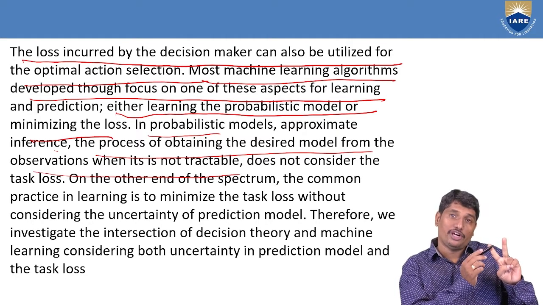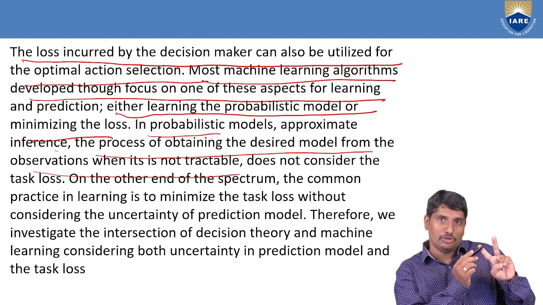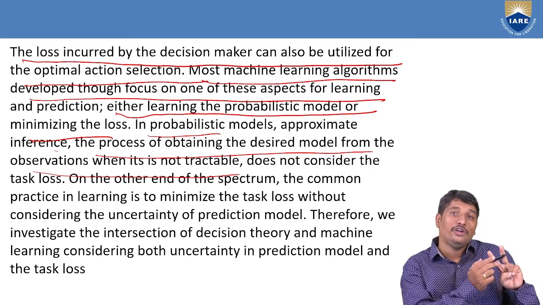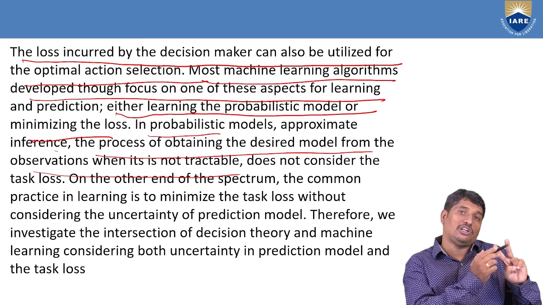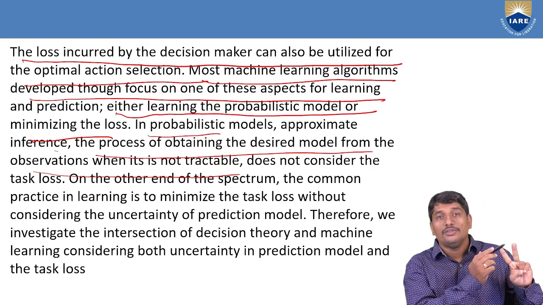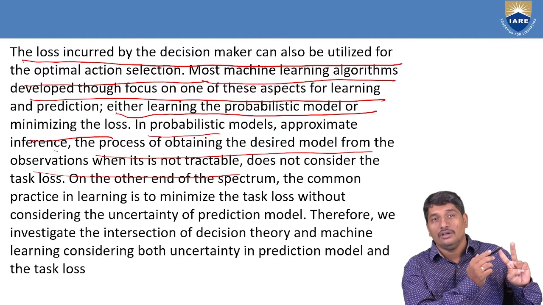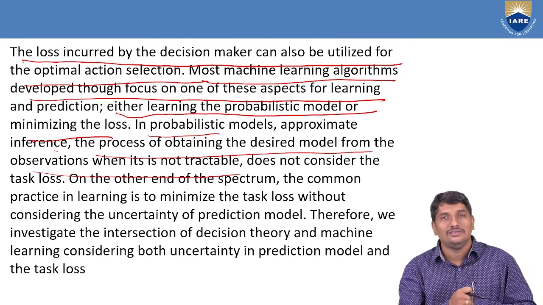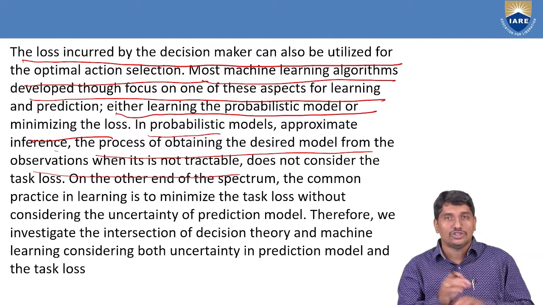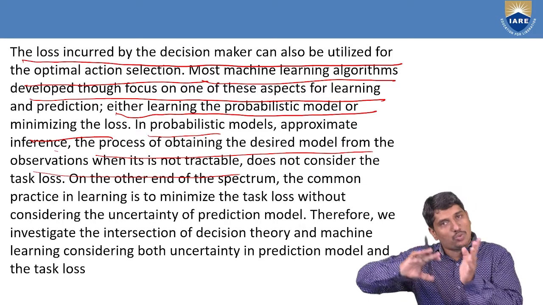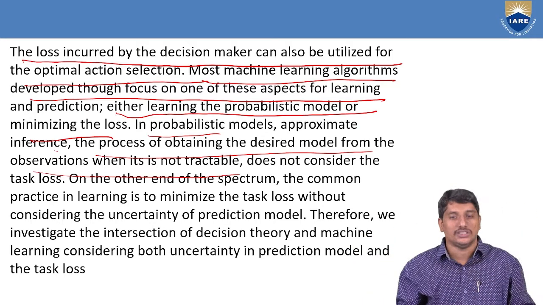When we try to find more accuracy in the probabilistic model, we may have to compromise on the loss of information. Or if we try to minimize the loss of information as much as possible, then the probabilistic model we are fitting may be a little weak. So when we try to increase one thing, we have to compromise on the other side.